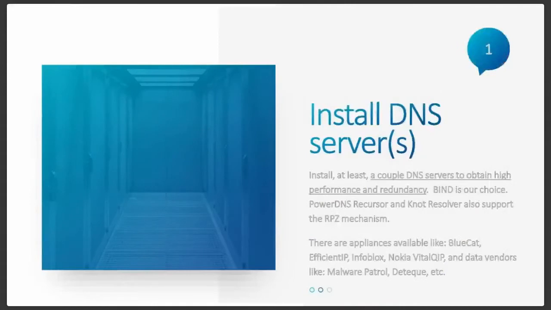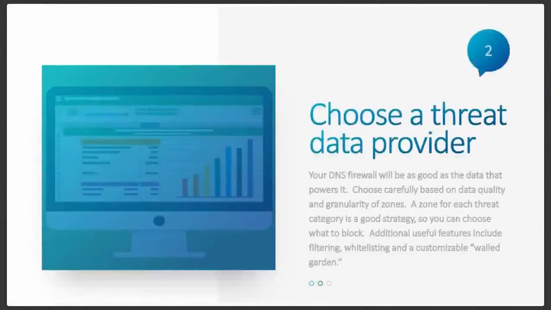Okay, thank you, Leslie. So the second step is to choose a data provider. And as I said, this is one of the most important tasks because you want to know that the data provider is properly sourcing the data, properly monitoring the data, and vetting the data. It's also very important to have granularity, right? So you want to be able to pick and choose what you're going to be protected from.